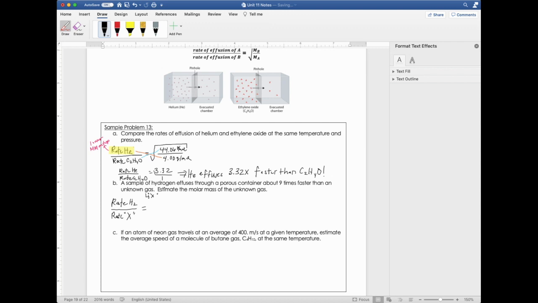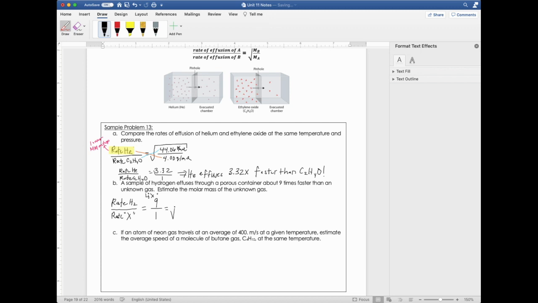Using that and taking a look at what we did in the last problem, hydrogen is moving 9 times the speed of x. So I'm going to set this numerator up as 9, because whatever the speed is, it's moving 9 times faster than x. I'm going to set this top portion equal to 9 and the denominator equal to 1, which really is just 9 in general. We want to estimate the molar mass of the unknown gas.